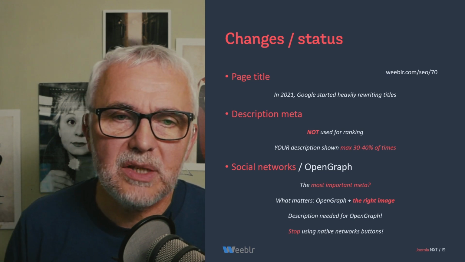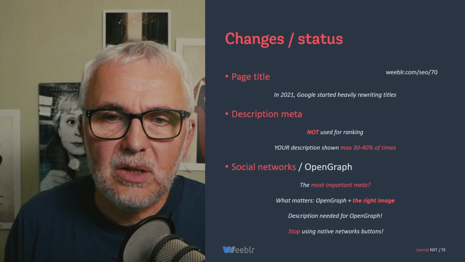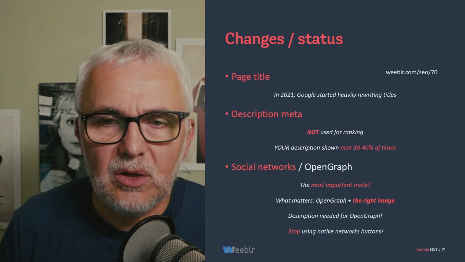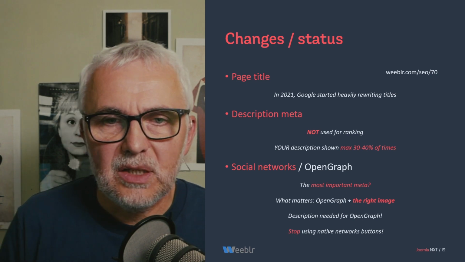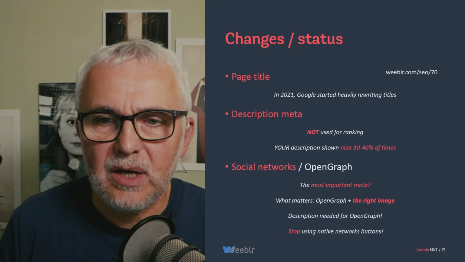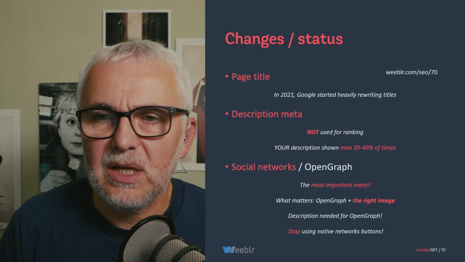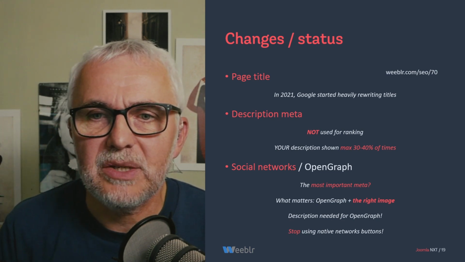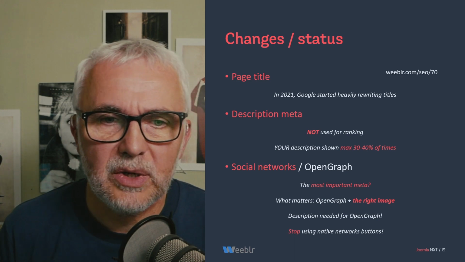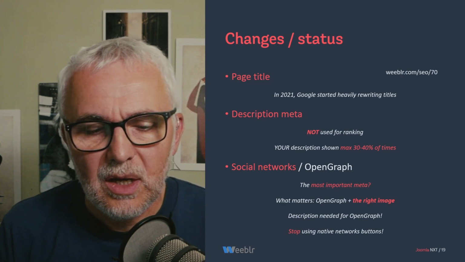So you spend some time writing a title for your page, but in the search results, they don't use what you wrote. They prefer their own. That started in 2021, and it was very strong. I have some numbers, but in many cases more than 50% of the titles were rewritten in studies that were done. That was the number found.